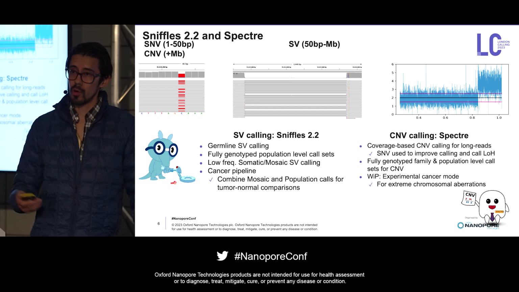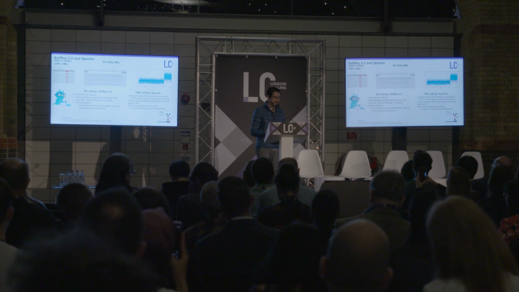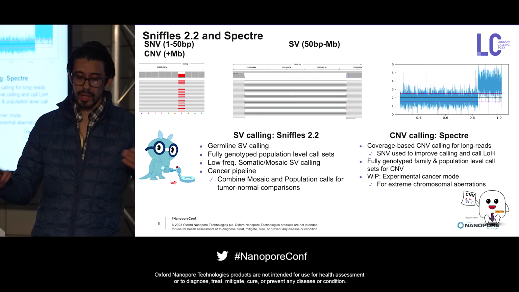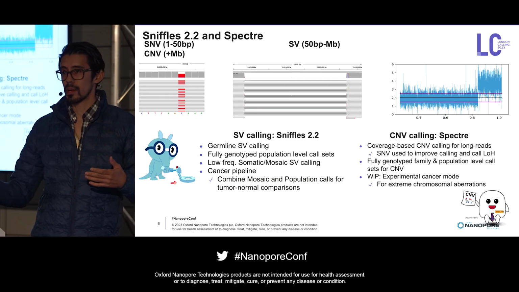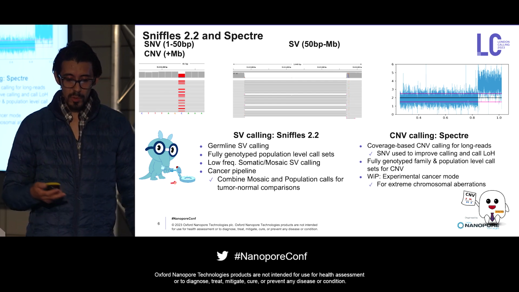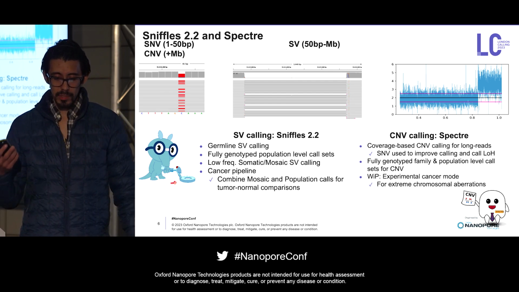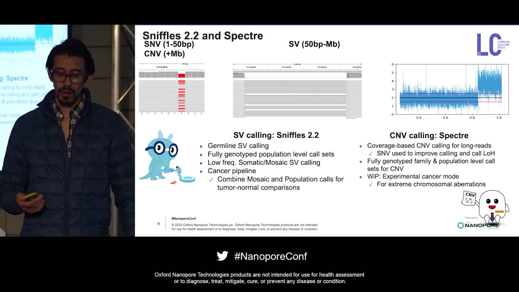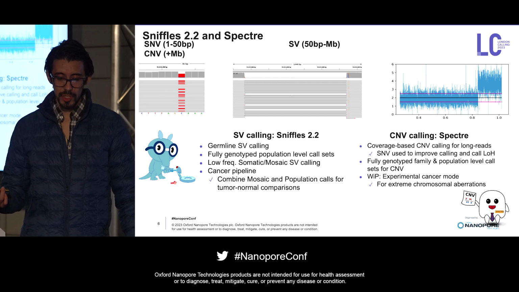We can also detect low-frequency somatic or mosaic structural variants. We have now included what we call a cancer pipeline, combining the mosaic and the germline calling with the population merge in order to have a more comprehensive view of a tumor-normal comparison. But that's not the only thing. We also have a new tool for CNV calling for long reads called Spectra.